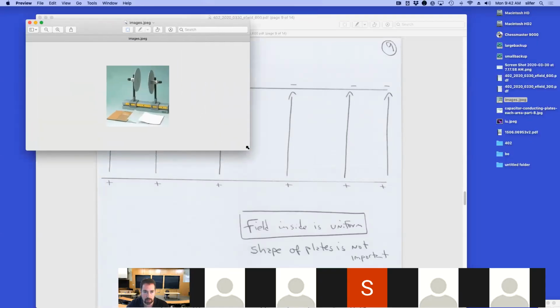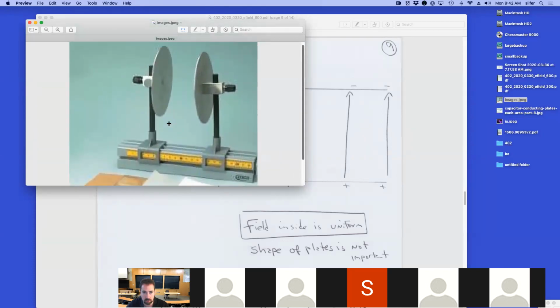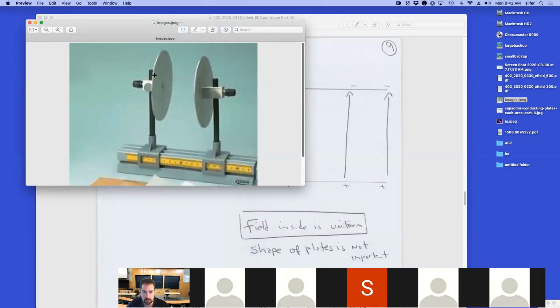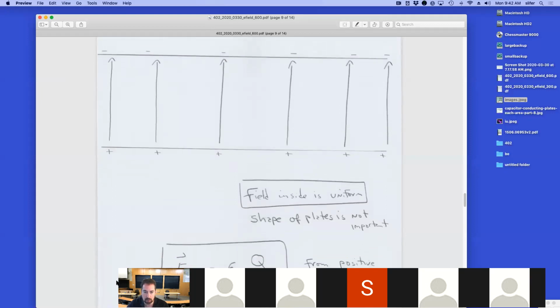So I drew out a picture of a square plate or a rectangular plate. Here's an idea of what a circular plate might look like, and the actual shape is not so important.